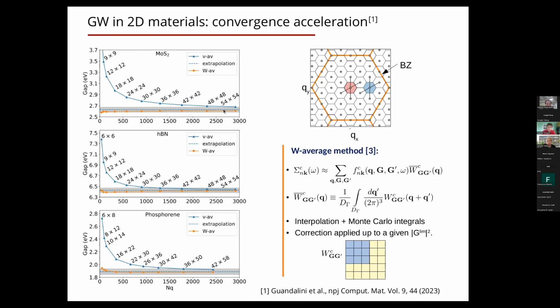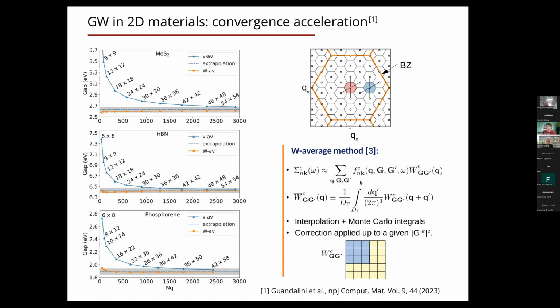So what we have done is to compute the integral in momentum transfer in the correlation part of the self-energy with a more advanced algorithm that we call W average. Instead of just using the trapezoidal rule, so defining a numerical grid and summing between the points of the grid, we now use the average of the screened interaction within its numerical domain, for example in these hexagons here.